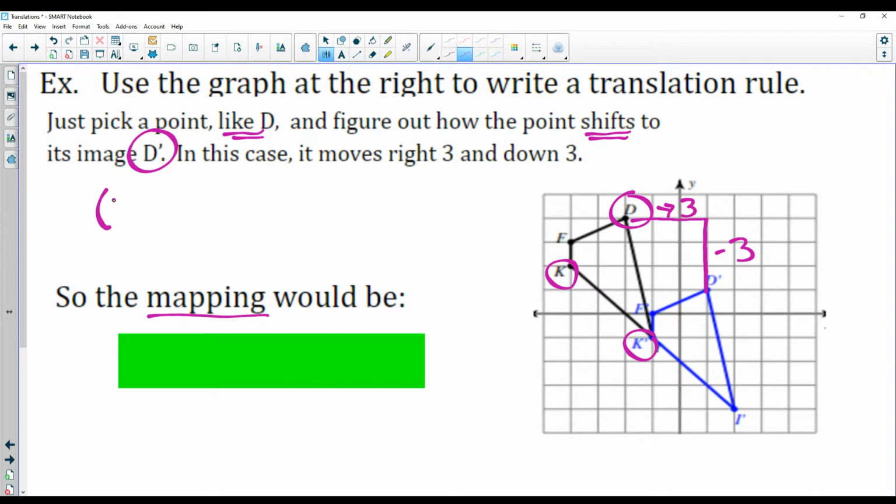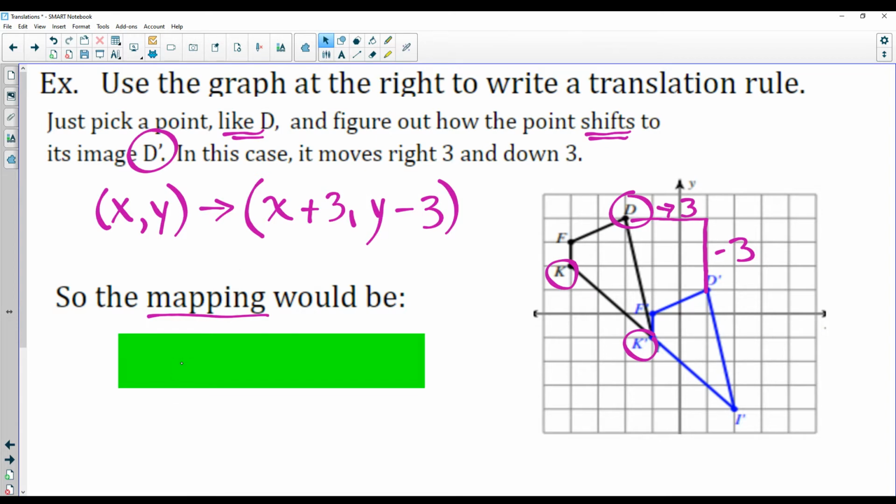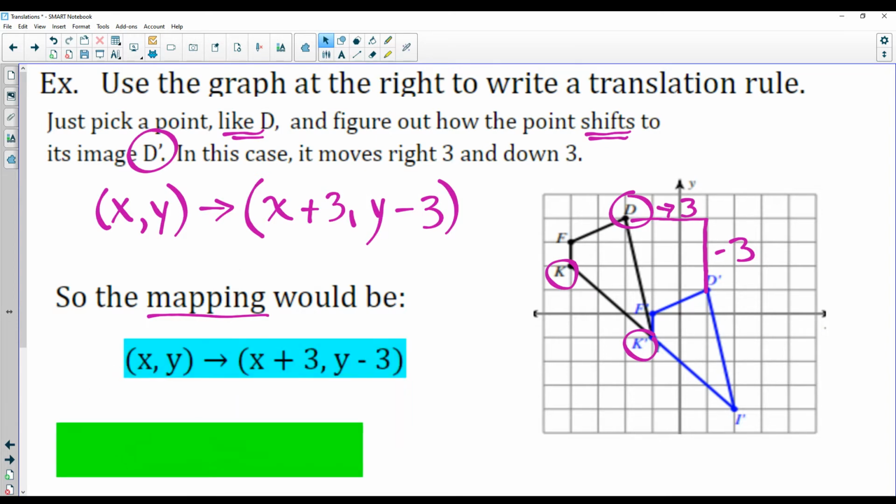So that means that every (x, y) point, our original x and y, would map into (x plus 3, y minus 3). Okay, that's what we want. So that is basically what translations look like. Remember, they are shifts, and that's what you will practice.